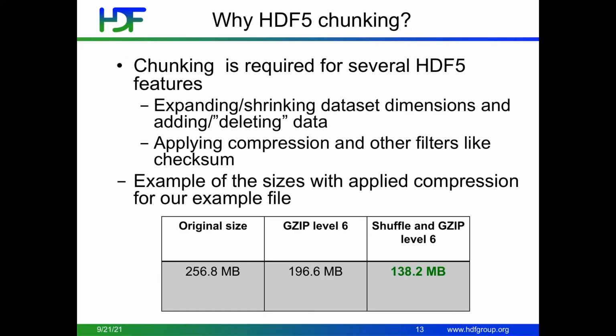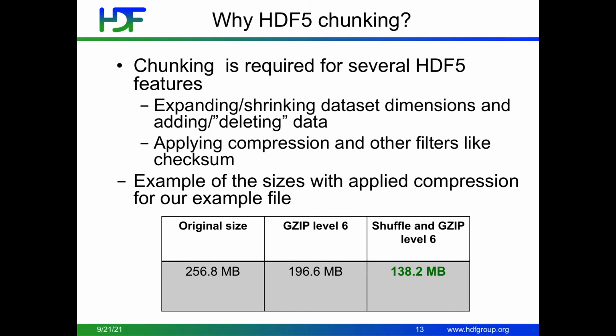Chunking is required for several HDF5 features. For example, when you want to add data along different dimensions, and as you know, in HDF5 you may add data along any dimension, not only the fastest changing dimension like in NetCDF-4. Also, compression and other filters, for example checksum or bit shuffling, are applied only to datasets that use chunked storage.